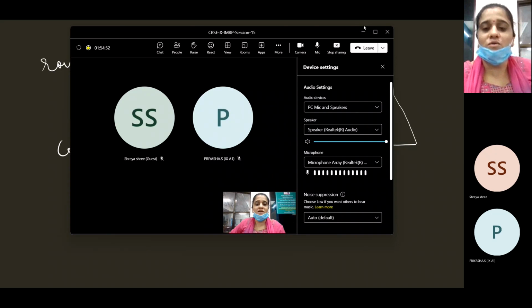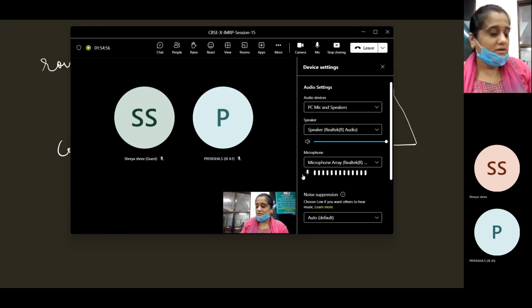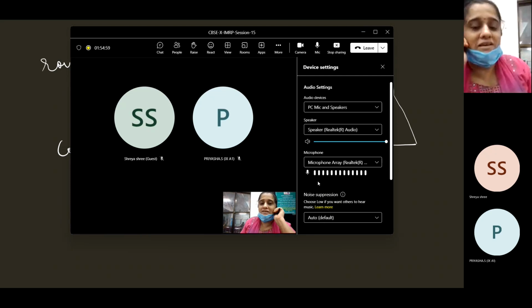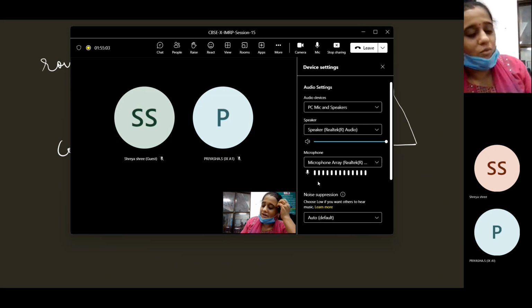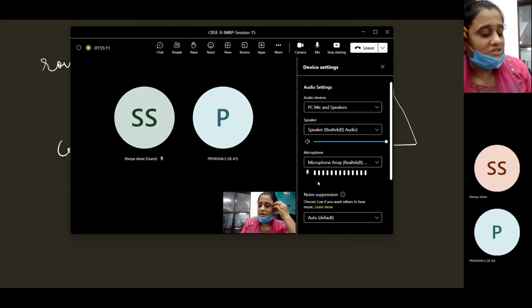Yes, girls, now let me ask you both. A cylindrical pencil, this is for Priyasha. A cylindrical pencil sharpened at one edge is the combination of a cylinder and a cone. Okay, Shreya Shri.